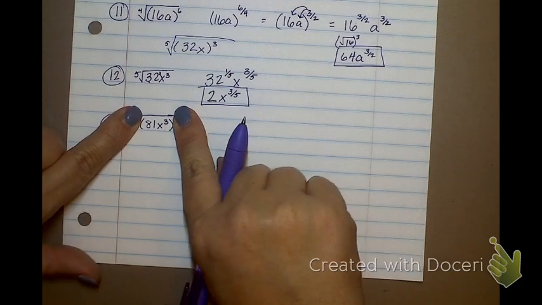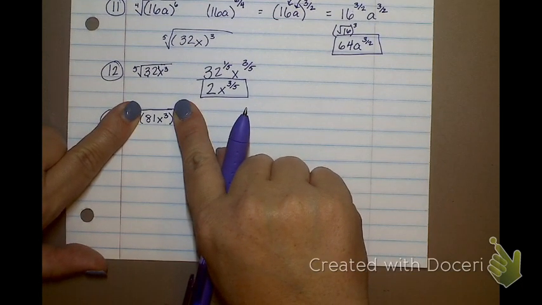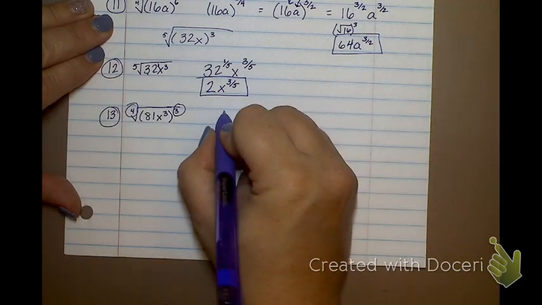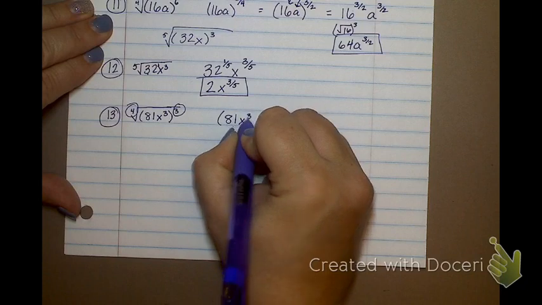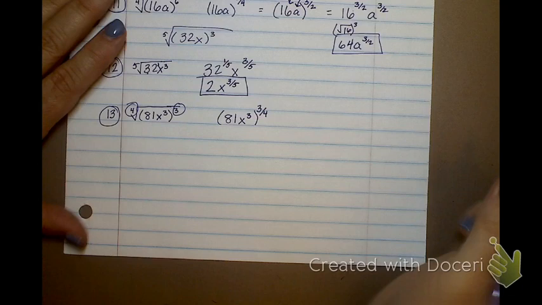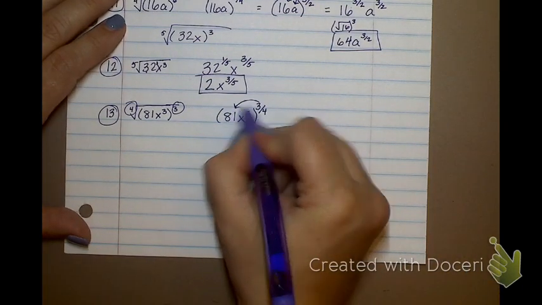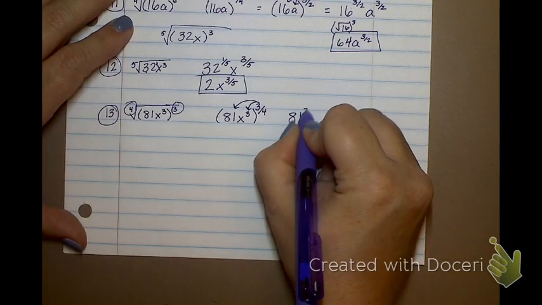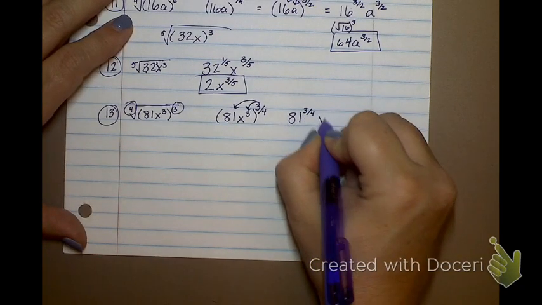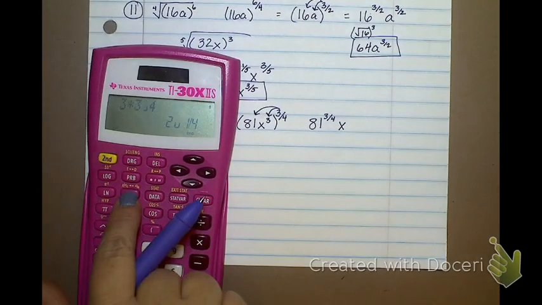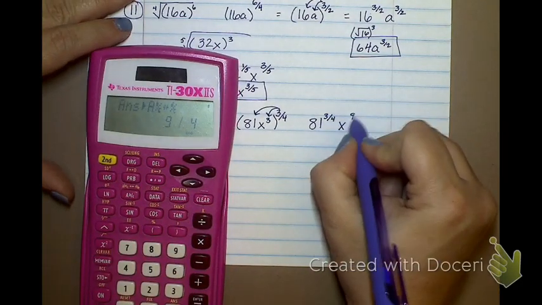So regardless, this whole thing right here, the 81x cubed, this and this apply to both of those. So I'm going to call this 81x cubed to the what? 3/4 power. And since it applies to both of those, I am going to distribute it to both of them. That gives me 81 to the 3/4, and then x to the what? 3 times 3/4? 3 times 3/4 is 2 1/4. I'm going to hit second and my fraction button again, and I get 9/4.